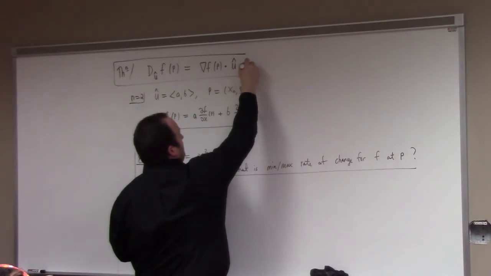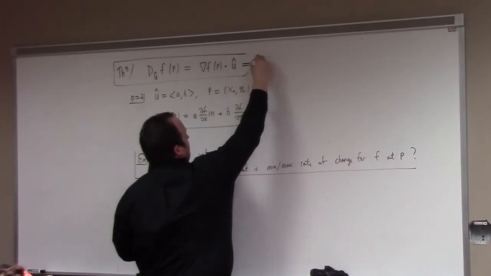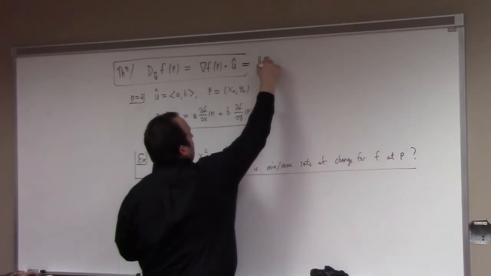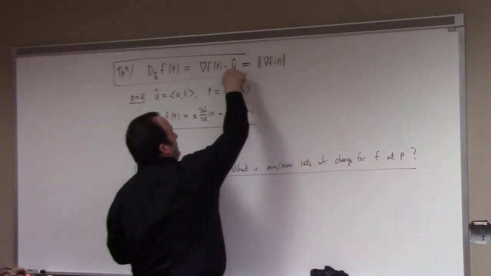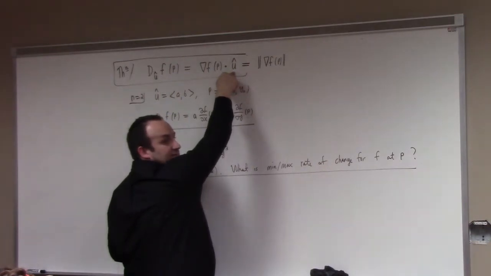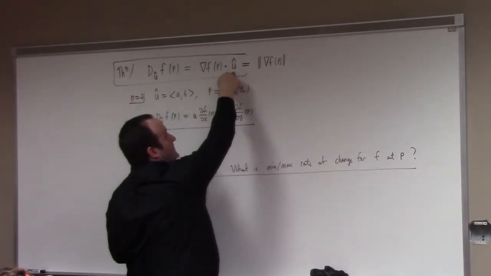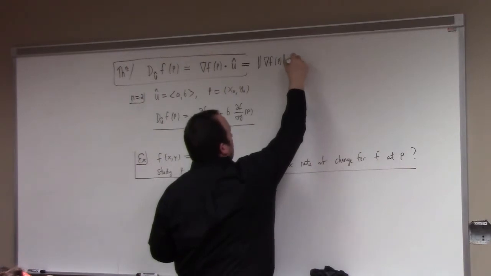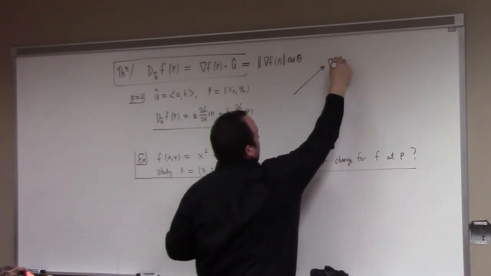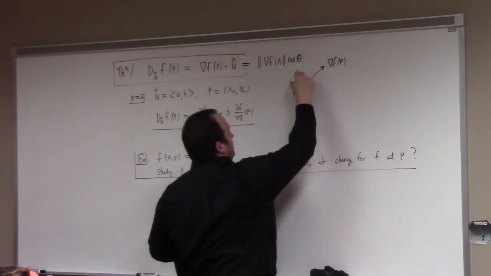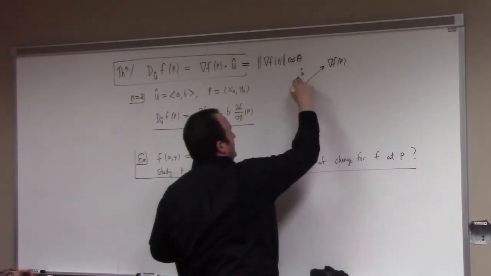So this is the magnitude of the gradient at the point P times the length of u-hat. What's the length of u-hat? 1. And then the cosine of the angle between them, where this is the gradient of f at P, and this is your u-hat, and theta is the angle between them.